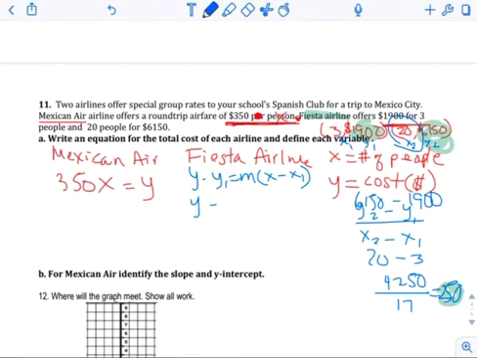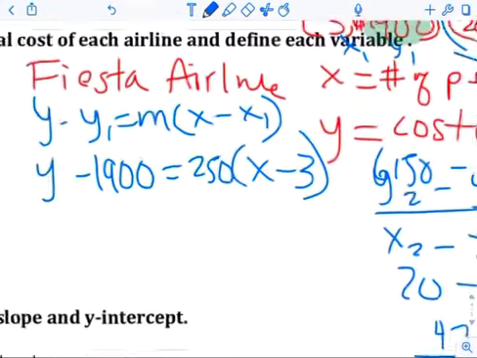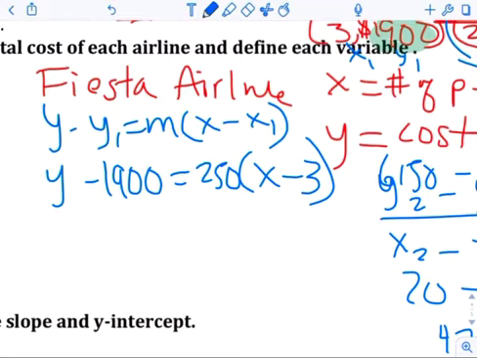y minus 1,900. m is 250. x minus x1, which is 3. Okay? That times that, 250.